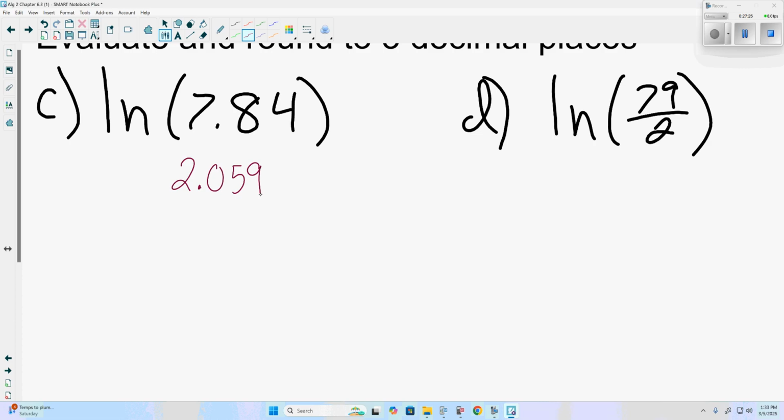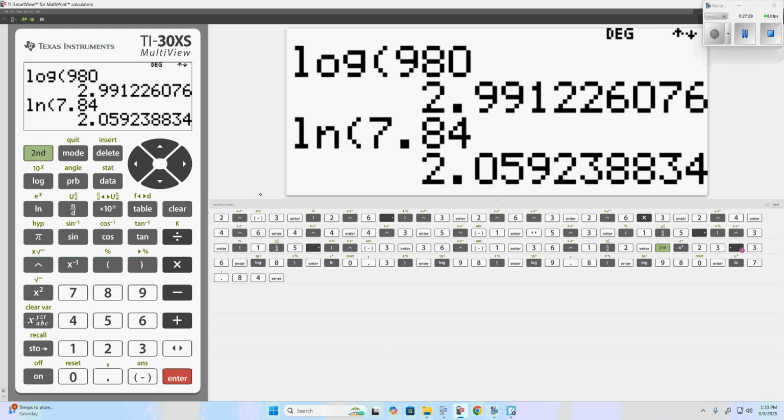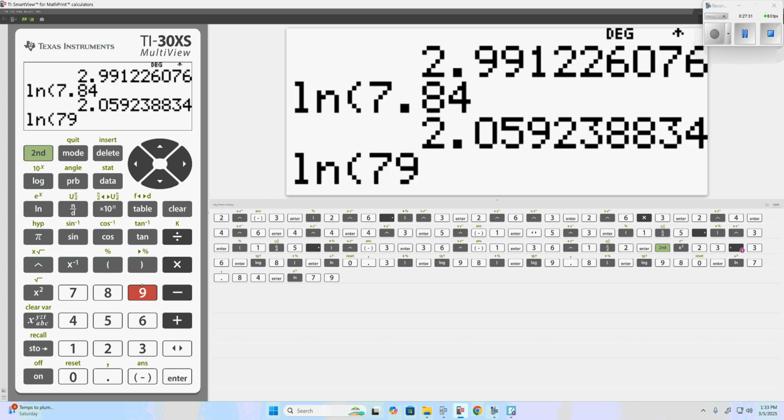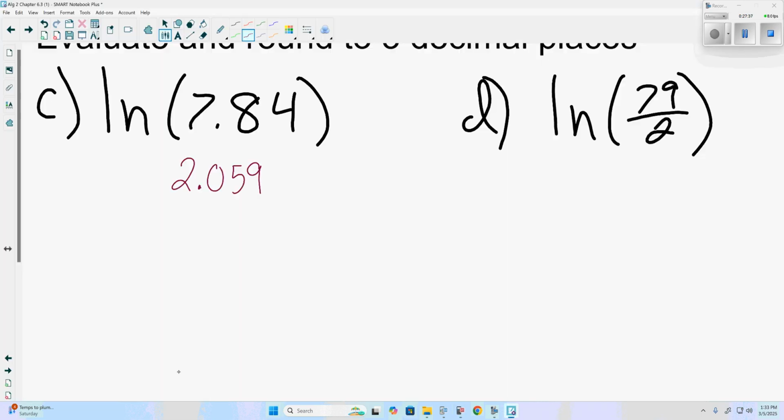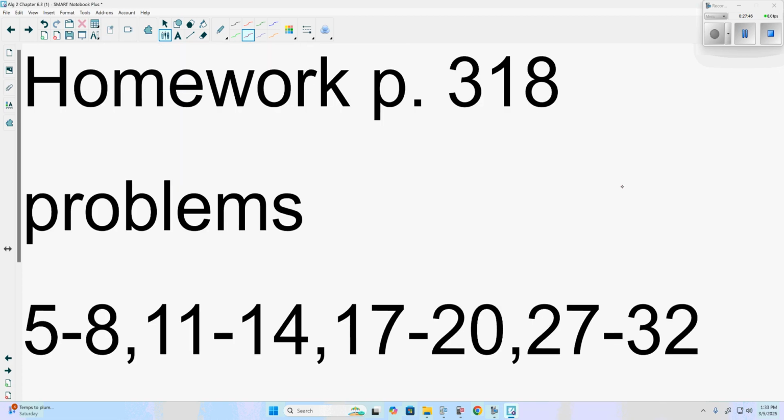And even the natural log of 79 over 2 is 3.676. Questions on this here? That's it.